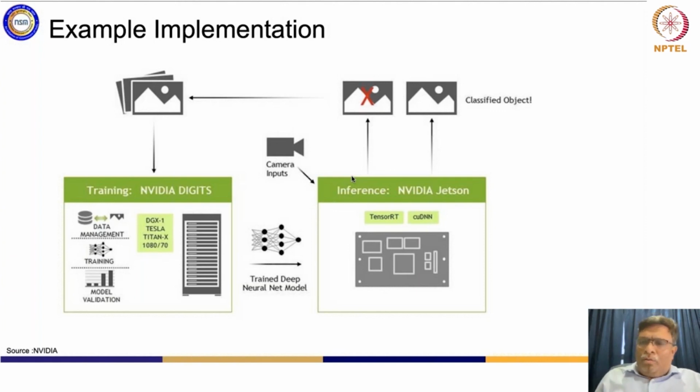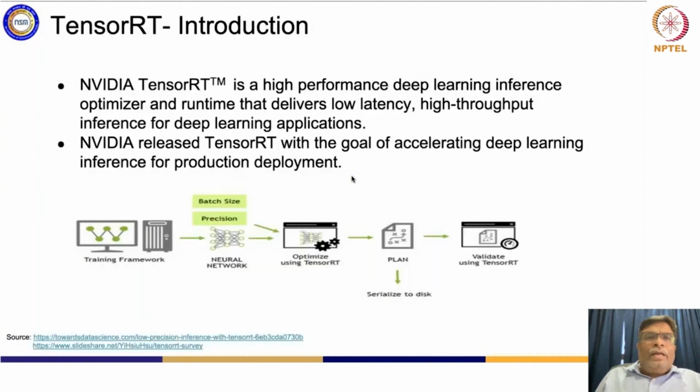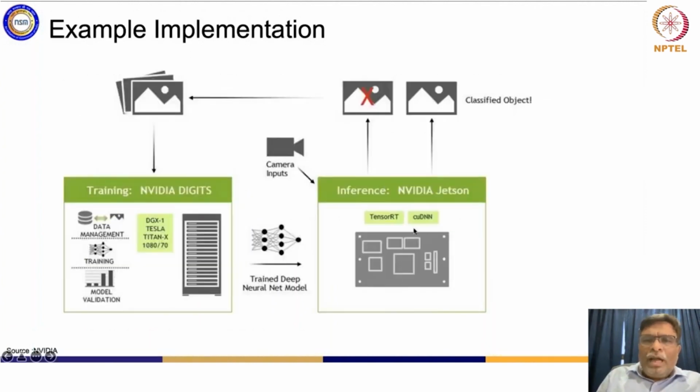Okay, so now let us try to understand the TensorRT thing, right? So what is TensorRT? I just showed you that we have something which is called a TensorRT with CUDNN installed on our edge device. Edge device is nothing but our Jetson. Okay, there are various other edge devices also, but we are showing you with NVIDIA Jetson.